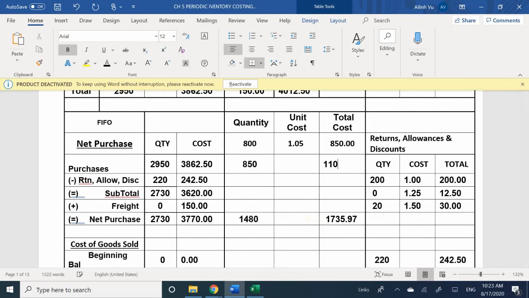So 1107.50 subtract my $12.50, and what do I get? $1095.